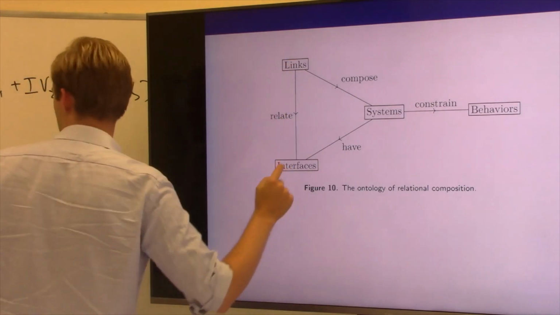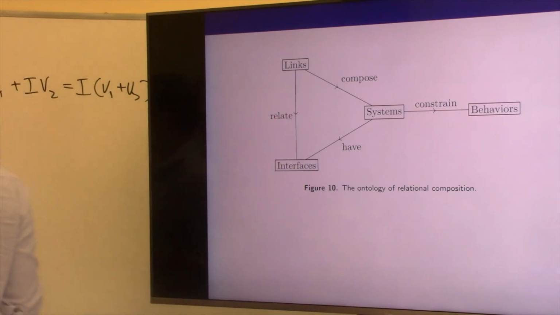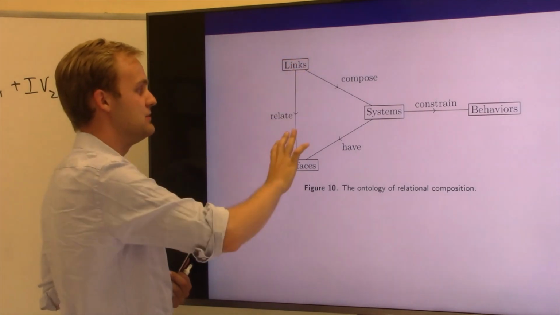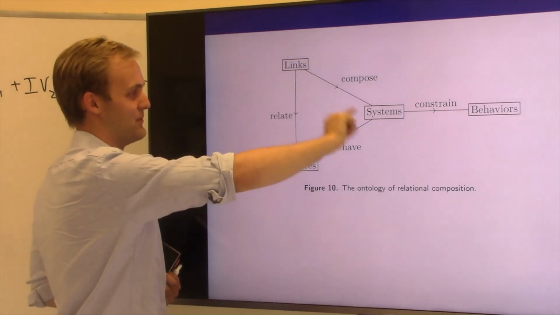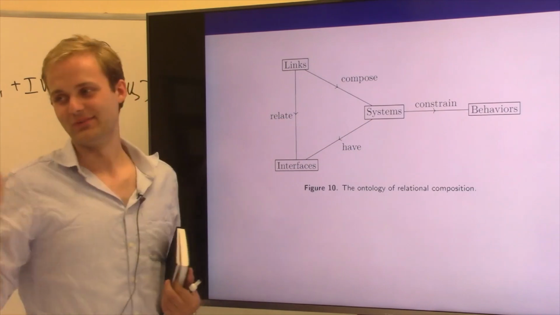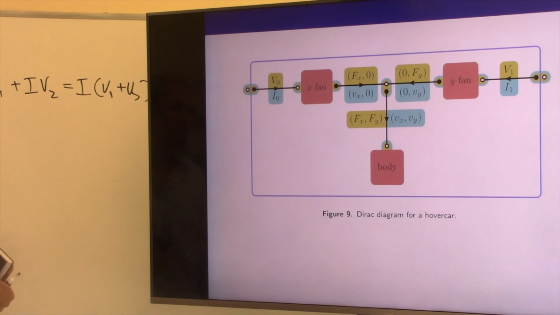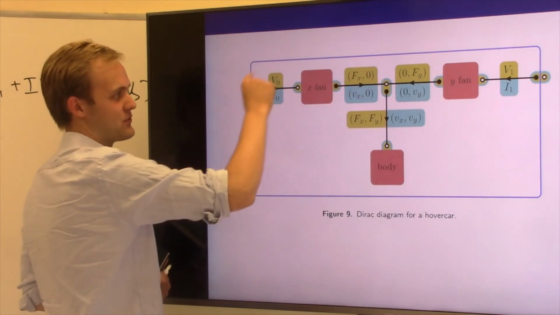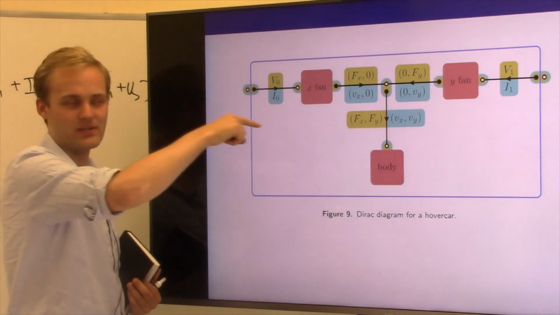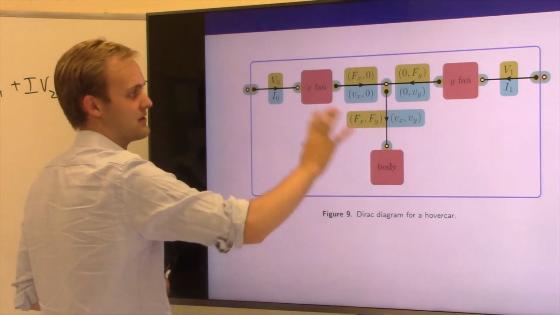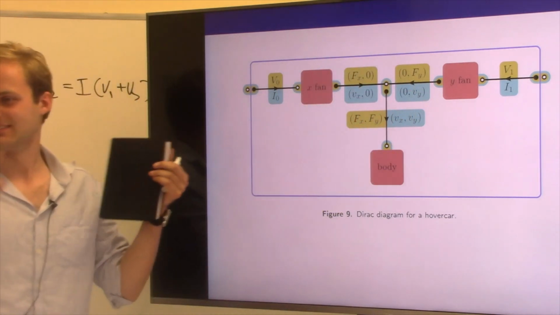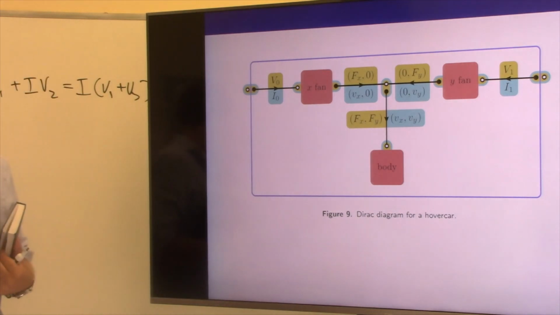Then there are links between interfaces. These are the Dirac relations. Each link relates two interfaces. And then we can use links to compose systems, which we'll talk about in a bit. We've already seen that. These are descriptions of Dirac diagrams, and we've shown how we can use these to compose these systems in a sketchy way, but we're going to talk about that more precisely.